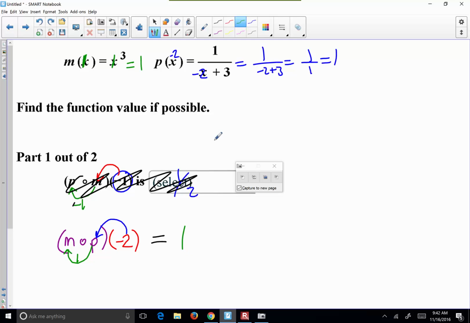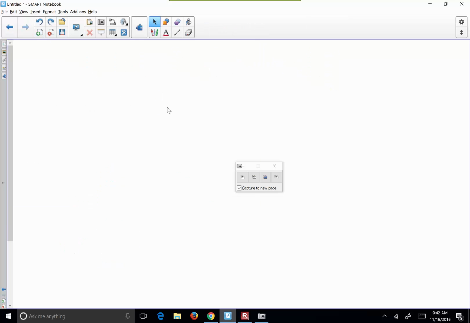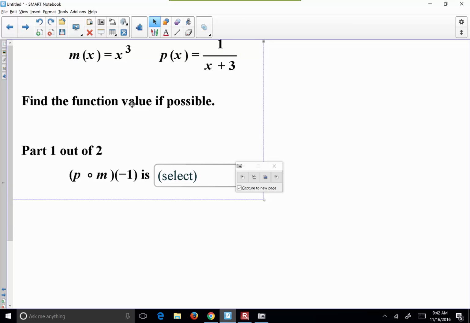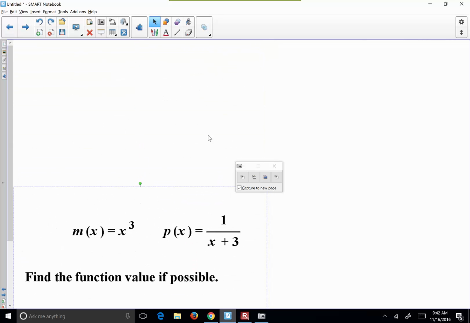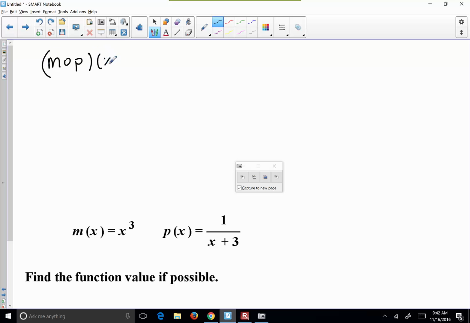Alright. Now I'm gonna do something crazy. I'm asking, what is this? Exactly what's written down there.